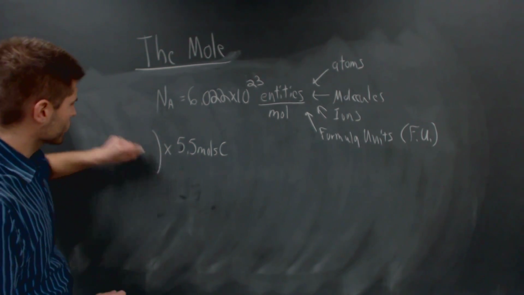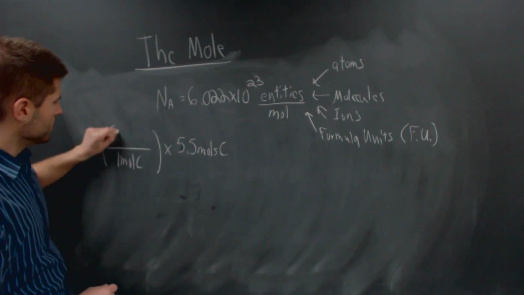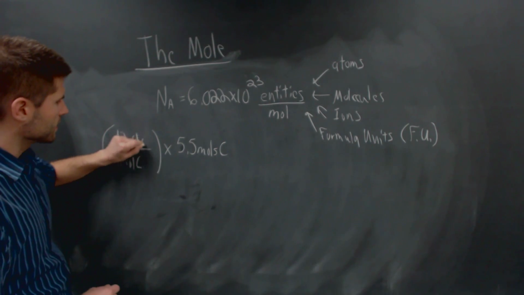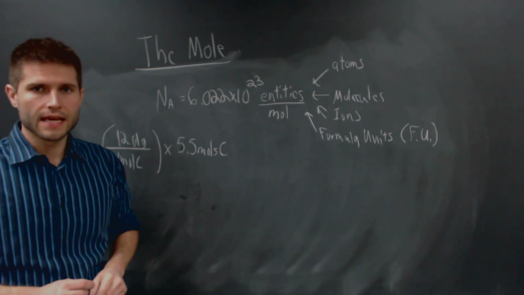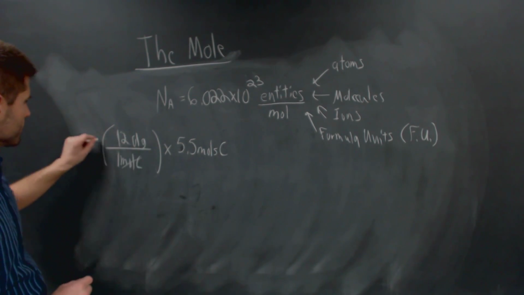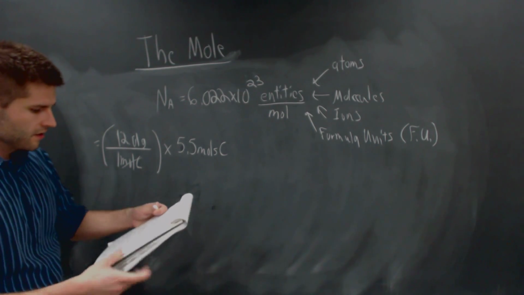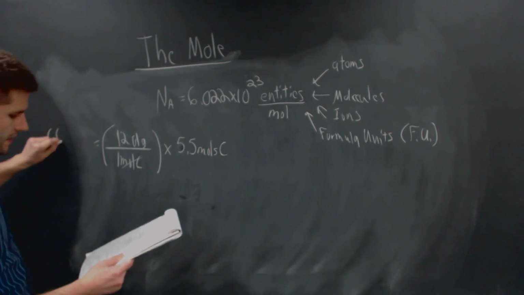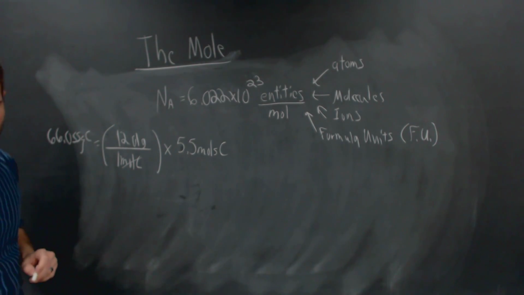Let's multiply backwards. For every 1 mole of carbon, there are 12.01 grams of carbon. We know this specifically from the periodic table. So here, the moles are going to cancel, and we're going to be left with grams. That's going to equal 66.055 grams of carbon.